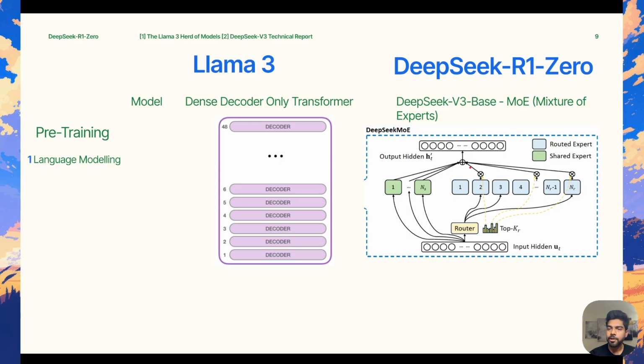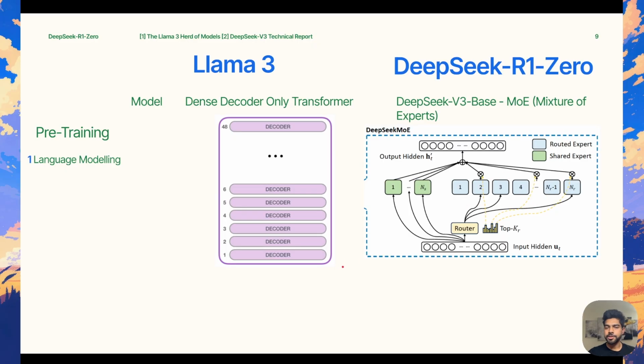There are multiple flavors of mixture of experts as well, and DeepSeek V3 base uses a flavor which consists of two types of experts: one is shared and another is routed. It means that whenever you give some query to the model, the shared experts will always be used, and some among the routed experts will be used.